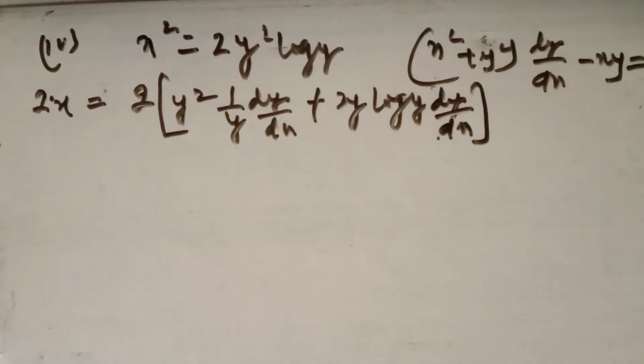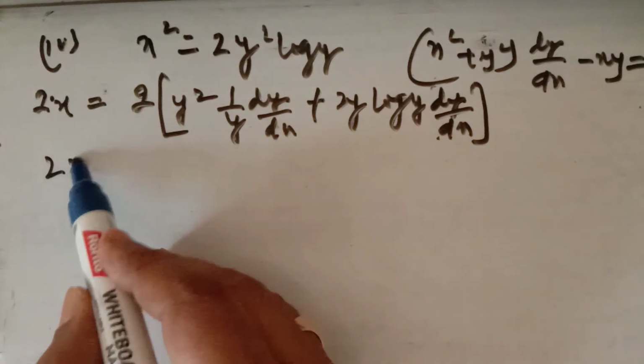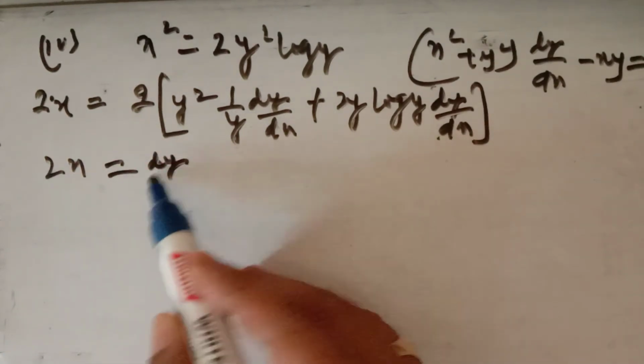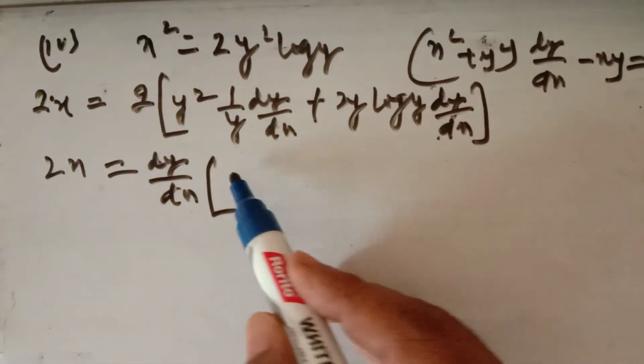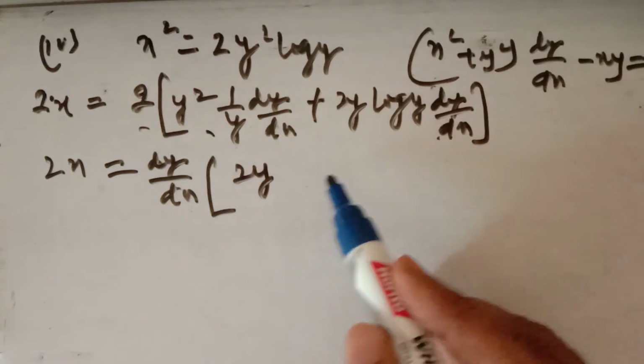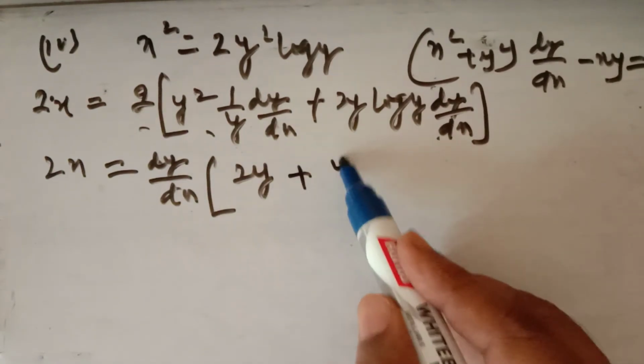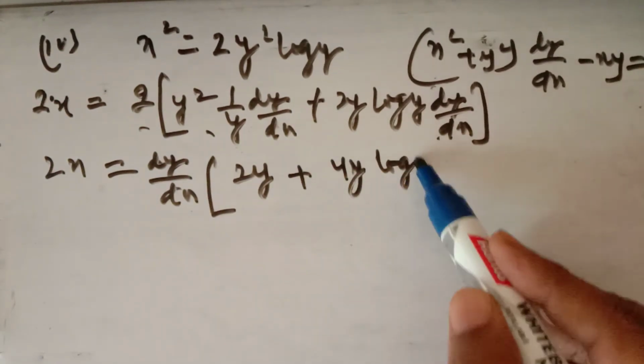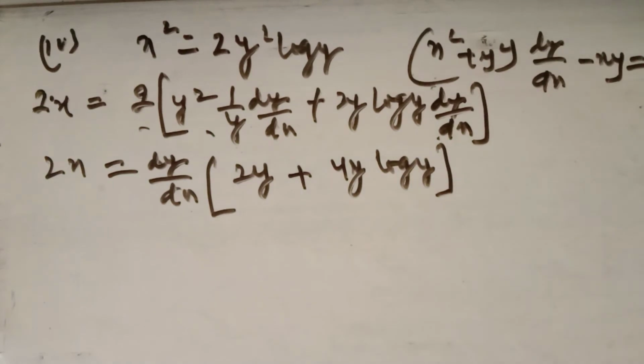So this is the derivative of the right hand side. Now you can take dy by dx common here. So it will be 2y, multiply this by this, it will be 4y log y. You can take 2 common, it will be cancelled out with the left hand side.